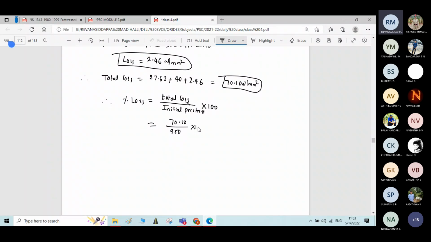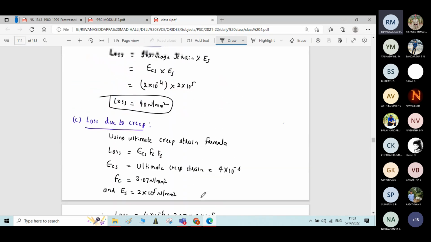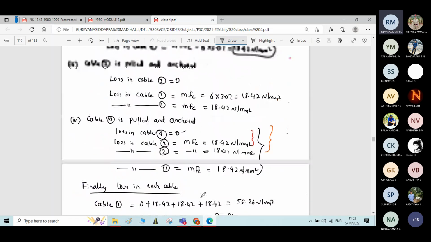If you calculate, you'll get the percentage of loss as 7.37%. Please cross check the answer. So this problem is over. If you have any doubts at any point of calculation, you can ask.